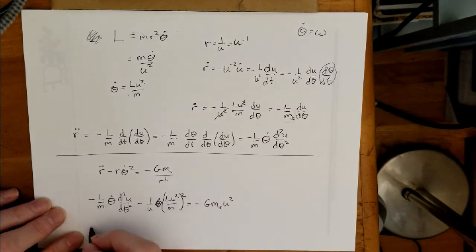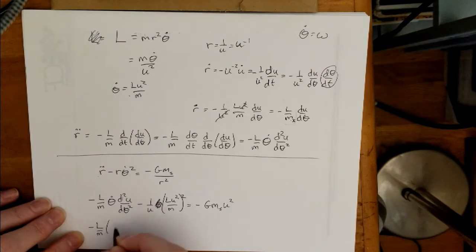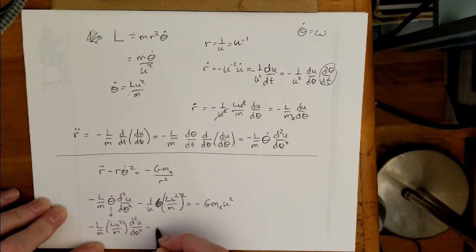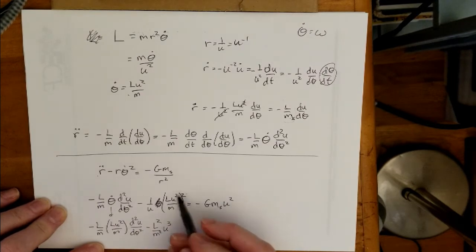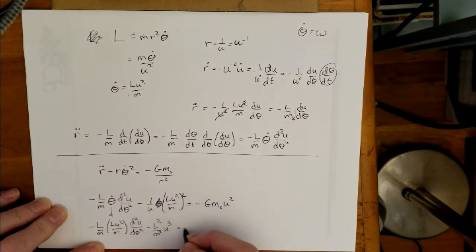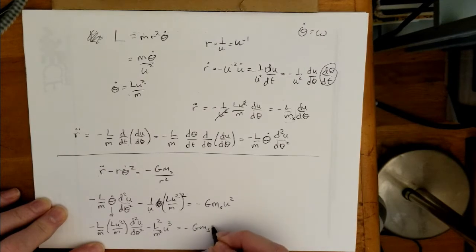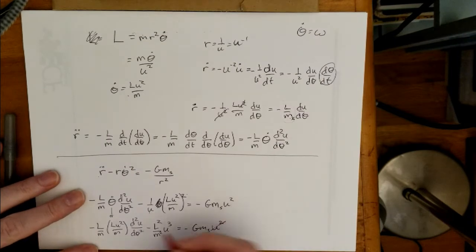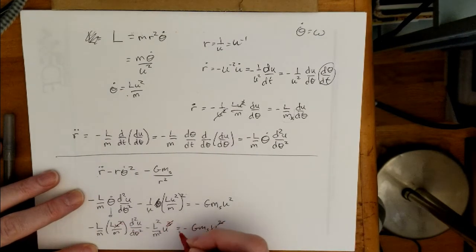We have a substitution here, so this is negative L over m times L u squared over m, times the second derivative of u with respect to theta, minus L squared over m squared u cubed, because I have u to the fourth divided by u, equals negative G mass of sun, u squared. The u squared cancels out with that u squared, which cancels out with two of those.